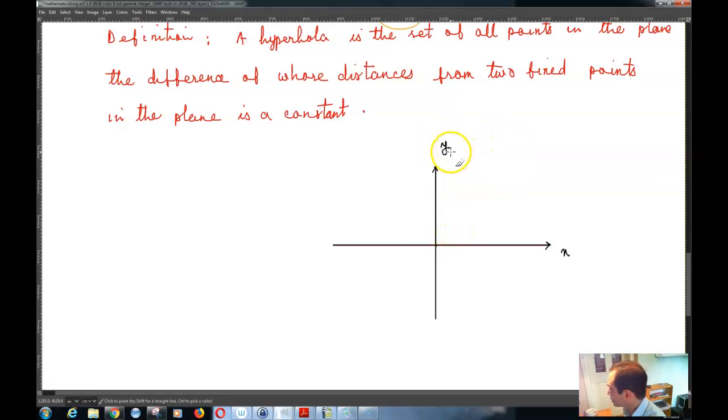In some other place, having the same orientation of the hyperbola, this axis has been defined as the conjugate axis, and this axis has been defined as the transverse axis. But we will hopefully get rid of the confusion along the way.